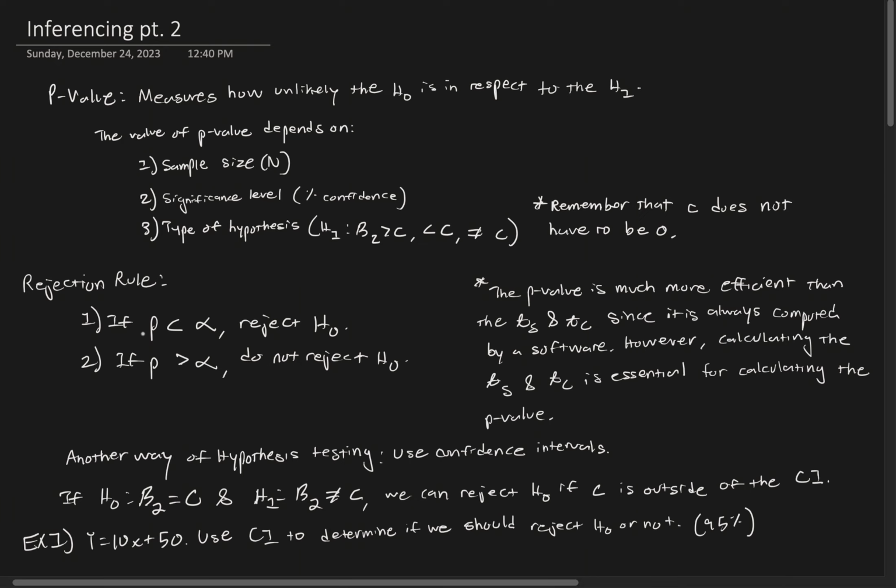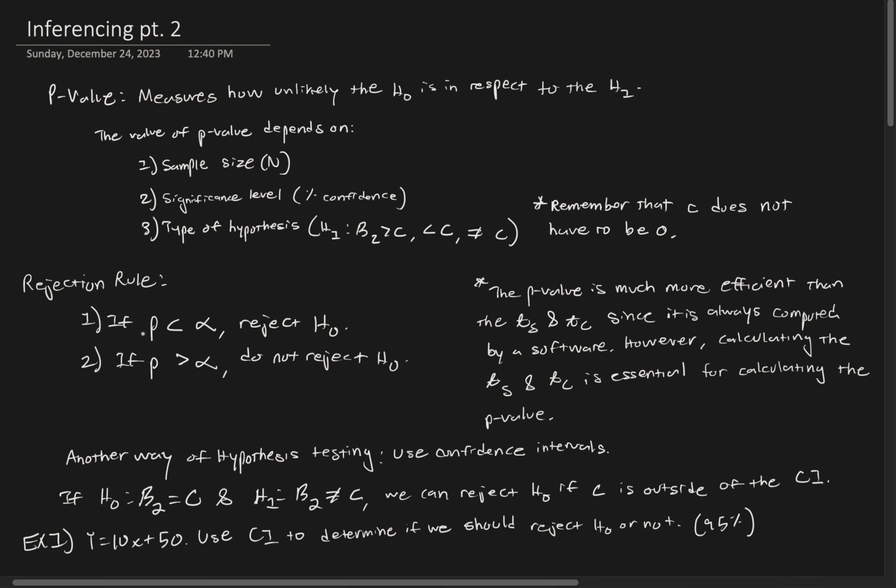And similar to our t-statistic or critical value, it will depend on the sample size, the significance level or the percent confidence we are testing for, like 95, 99, 90, etc., and then the type of hypothesis. So whether we're saying income has a positive effect on food expenditure, or negative, or if it even has an effect at all.